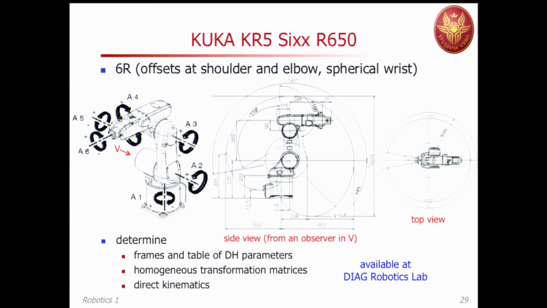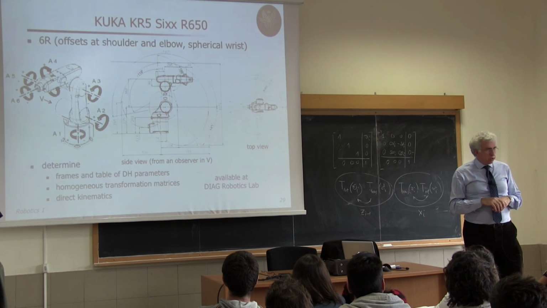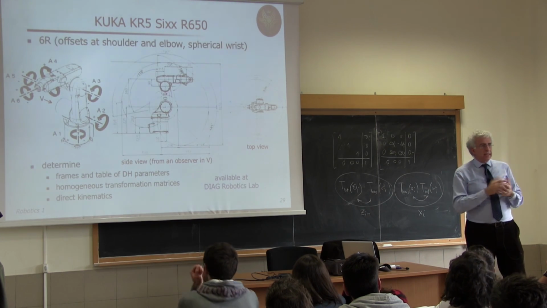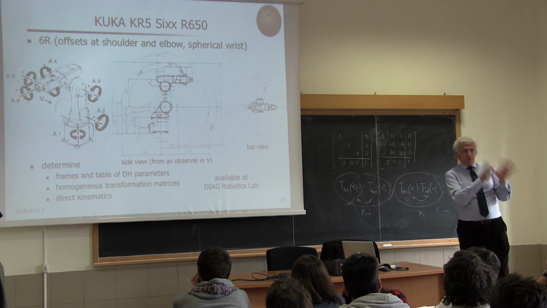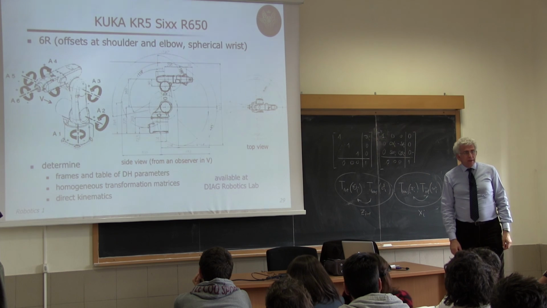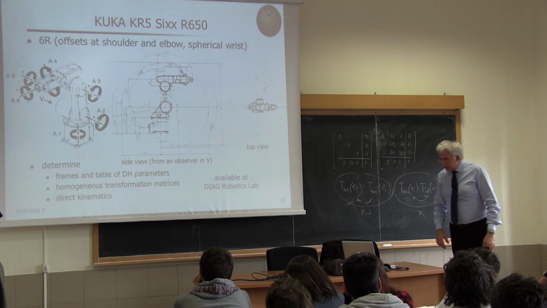Okay, so here the exercise is to assign the frames, and you can have multiple ways of assigning frames inside the Denavit-Hartenberg convention, because you can choose the direction of the z-axis, the direction of the x-axis, and so on. But once you have chosen the frames, you have a unique association of a table, and vice versa, of course.